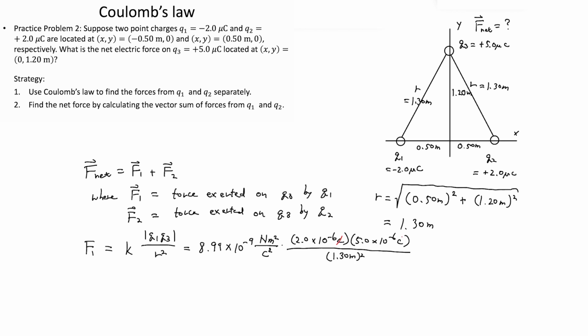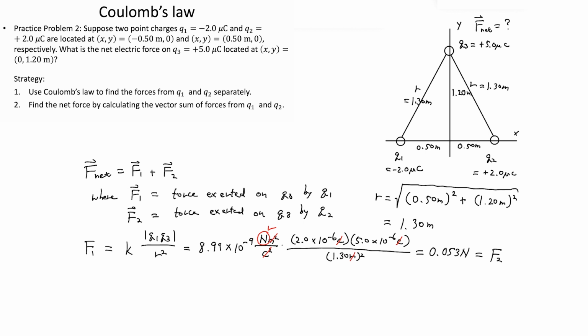We can also verify that the units work out, and plugging the values into a calculator, we find that F1 is 0.053 newtons. We can repeat the same steps for F2, but since the charges on Q1 and Q2 are equal in magnitude, and they are the same distance away from Q3, F1 and F2 must be equal in magnitude. So F2 is also equal to 0.053 newtons.